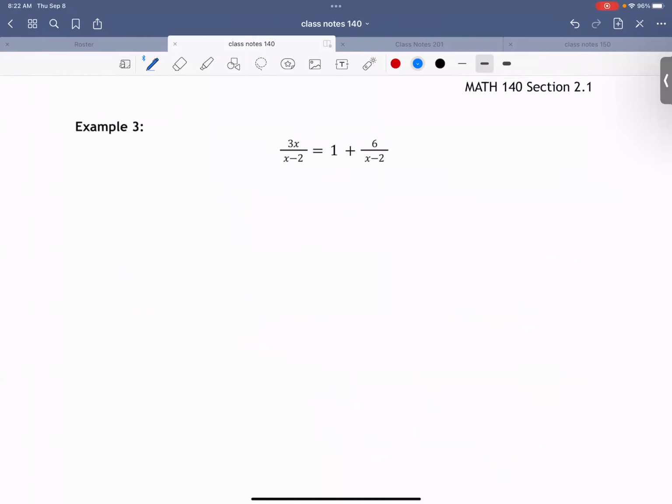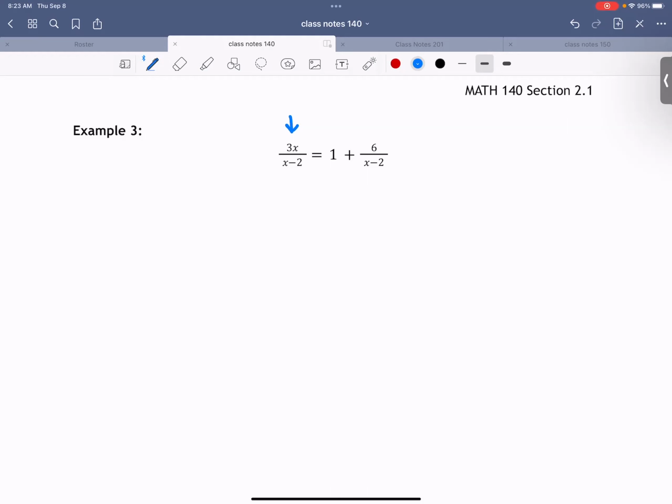Okay, here we have an example where we have fractions, but the fractions involve variables now. So we have x's in the denominators. This is where things get a little bit tricky, okay? Does anyone know what a fractional polynomial is called? Like a polynomial over a polynomial.